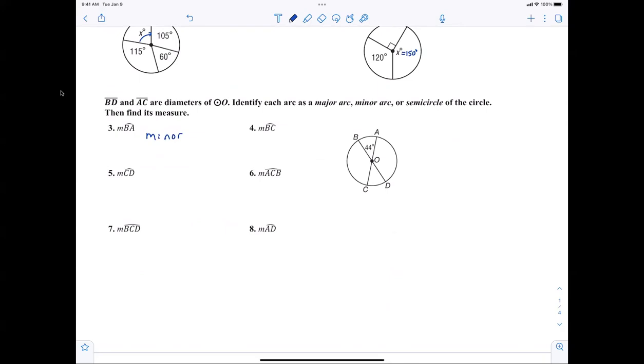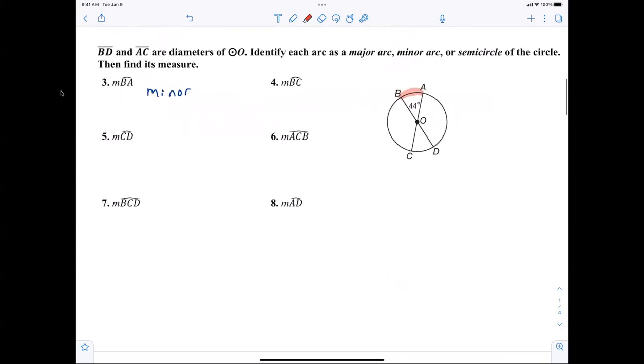This is what I was trying to tell you. The little m means measure. So what's the measure? How much? 136? For BA, this guy right here. Oh, no. For this guy, what is that? It's obviously 44 degrees. There's no difference between the angle measure and the arc measure.